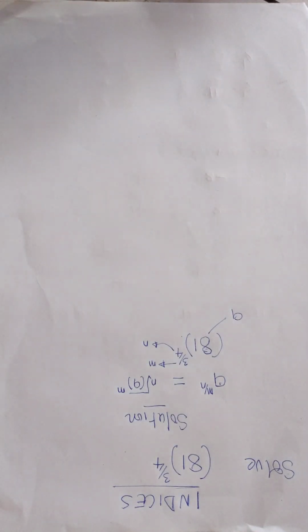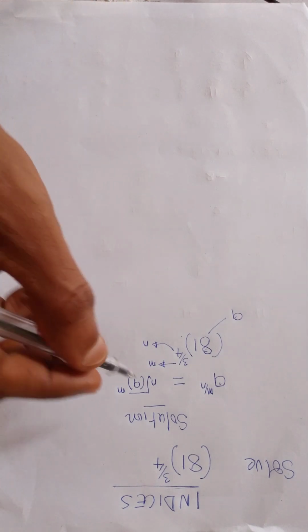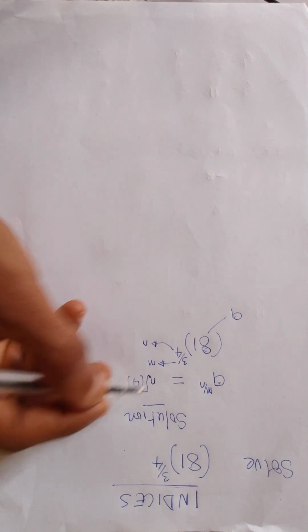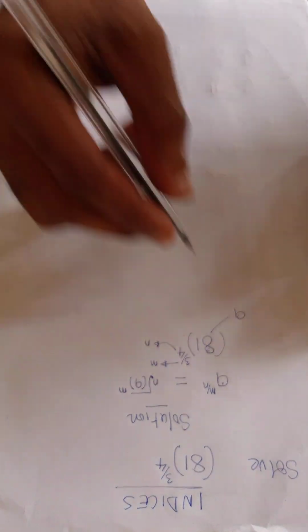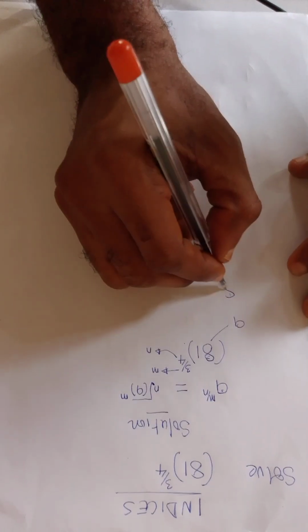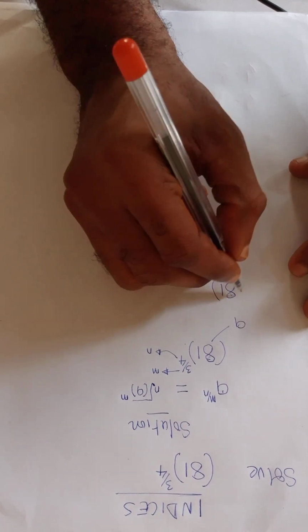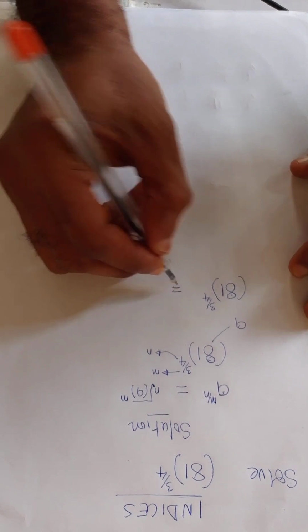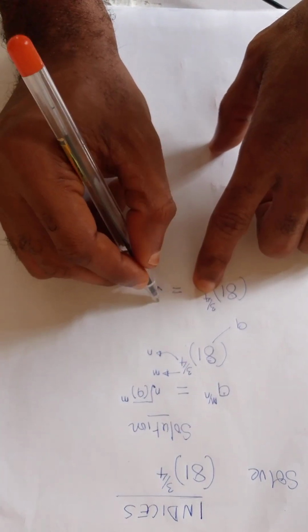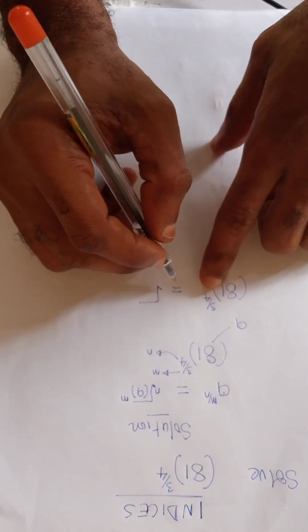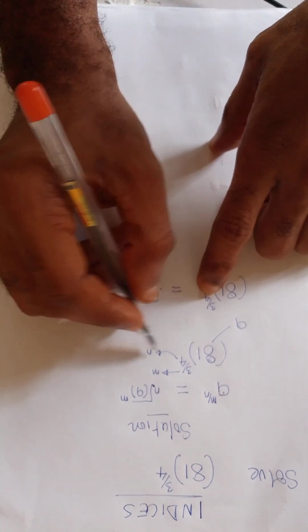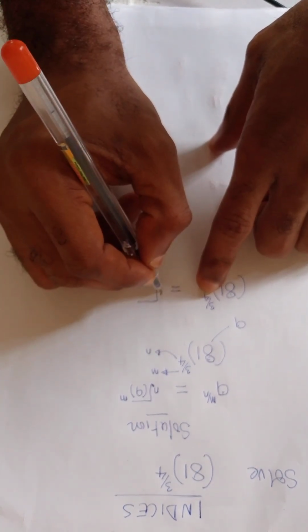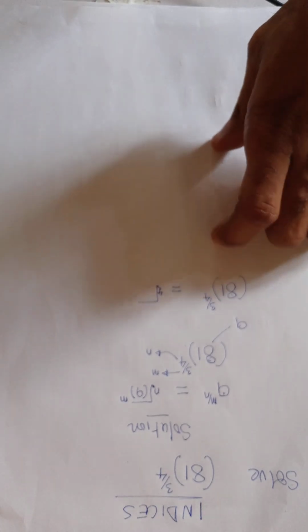So now that we've been able to choose our a, our n, and m, this is the nth root. We can now interpret it using this formula, so that 81 raised to the power of 3 over 4 will be equal to, let's have the root sign first. Since n is 4, this is the fourth root.